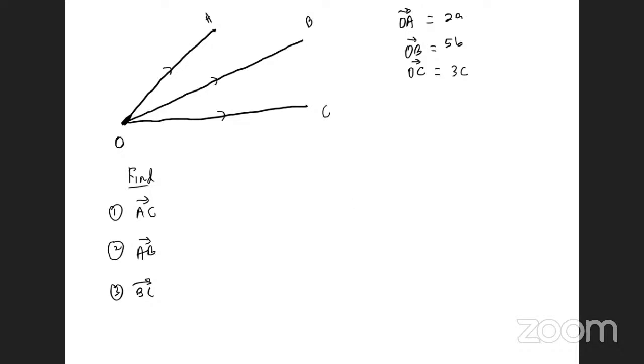So let's start. If you want to get AC, you draw your line A to C. Sometimes it's there, sometimes it's not there. In this case, it's not there, so I drew a route. So AC will be A to O plus O to C. You're going from A to O, and then you're going O to C. Anybody can tell me what's A to O?